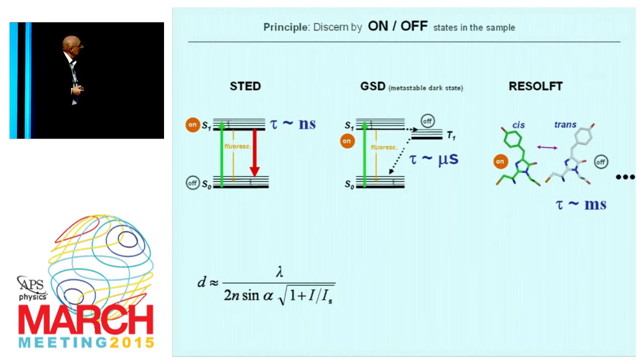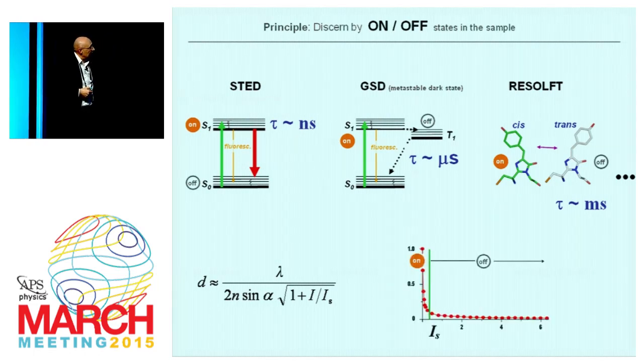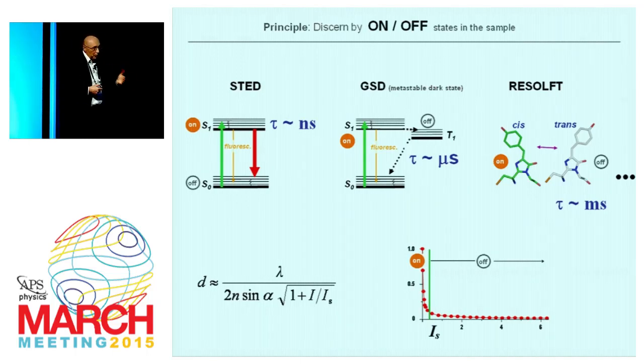In other words, what happens is that if you go to longer-lived states, the photons that you need in order to set up this difference in states and read them out per unit time goes down. Or in other words, the intensity that is required in order to overcome the diffraction barrier goes down, because that one scales inversely with the lifetime of the involved states. The longer the lifetime, the lower the threshold intensity.